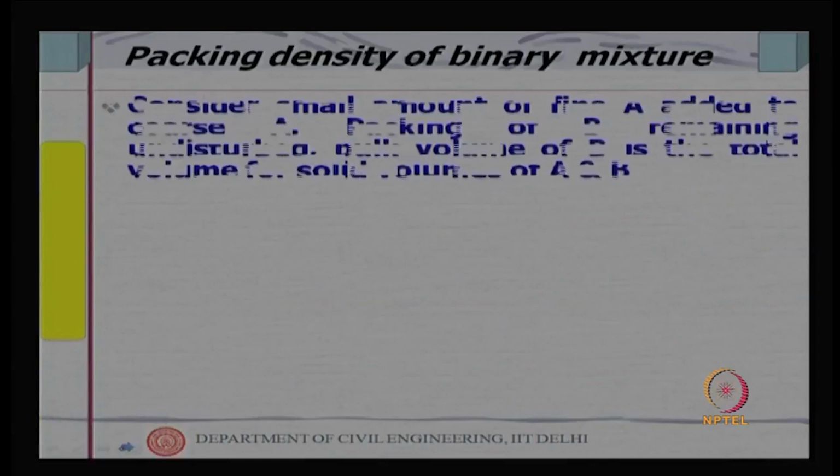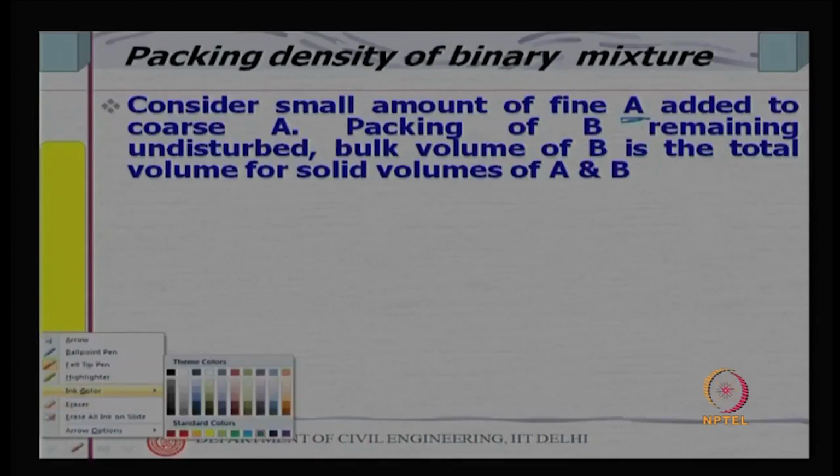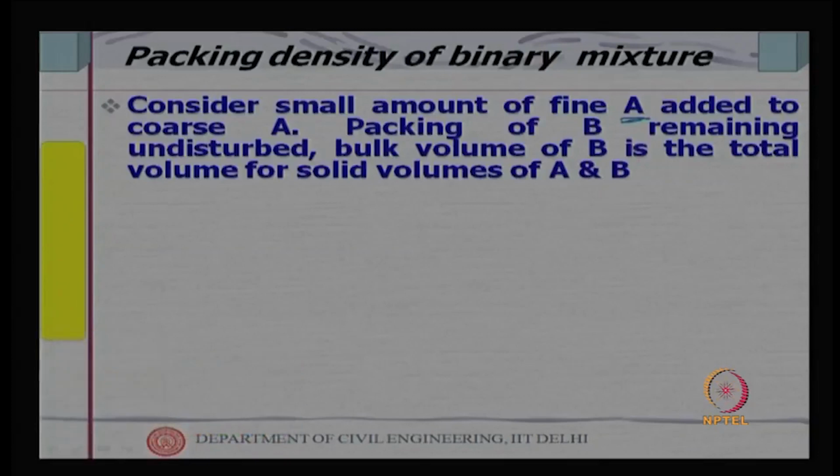Now, let us look at it from another angle. Consider a small amount of fine aggregate A added to coarse aggregate B. Packing of B remaining undisturbed, the bulk volume of B is the total bulk volume for solid volumes of A and B. Okay, let us just see, the diagram will make this statement very clear.